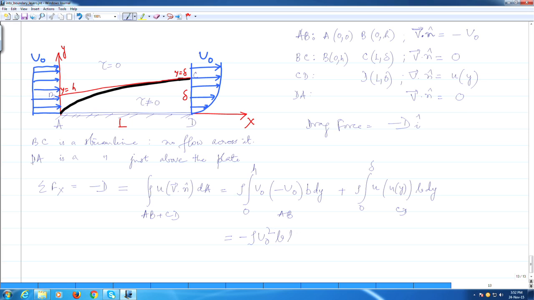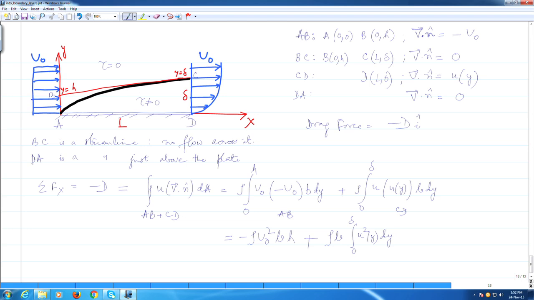I am missing that step here, plus rho b, integral 0 to delta u square y dy.